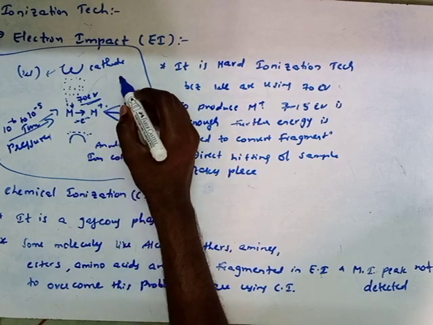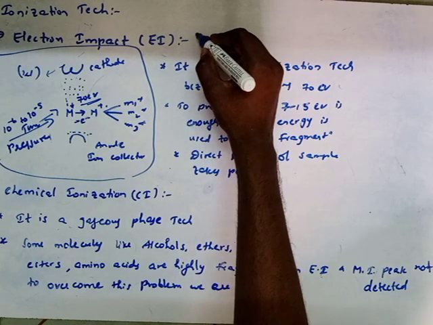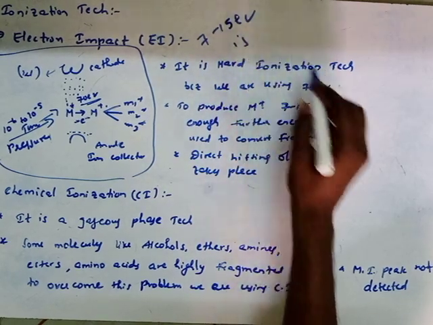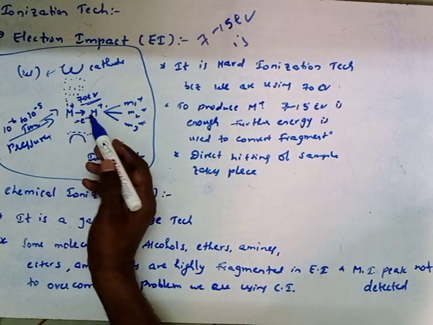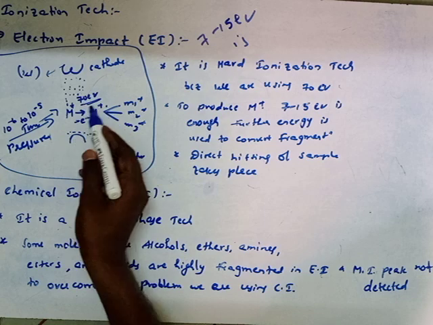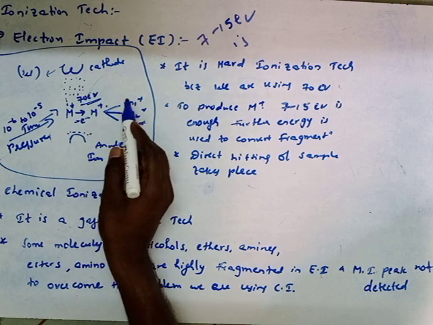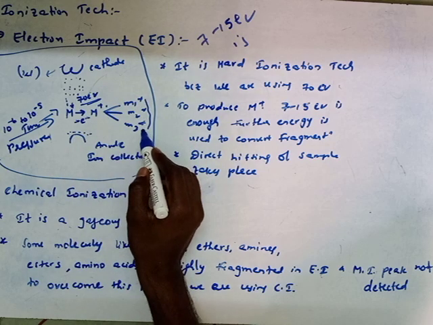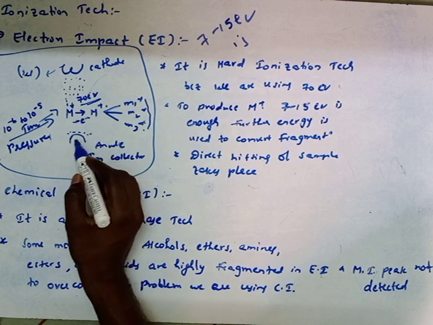Generally, as we already discussed, for most molecules 7 to 15 electron volt is enough to convert the molecule into a molecular ion, and the remaining energy is used to convert the molecular ion into fragments. These are the fragmentations, and the removed electrons will be collected at the anode.